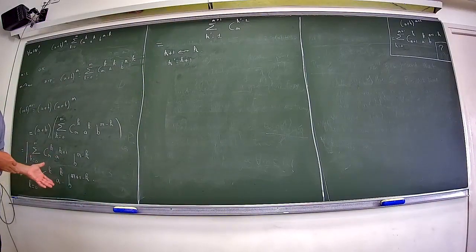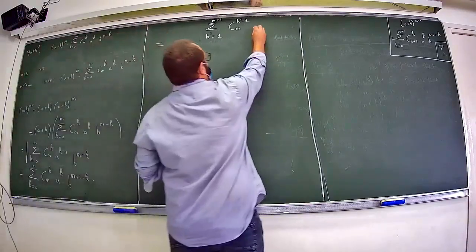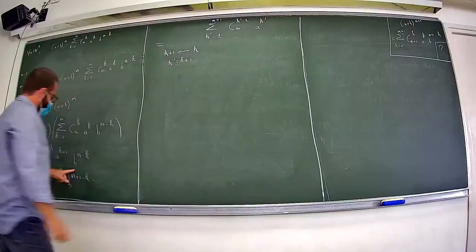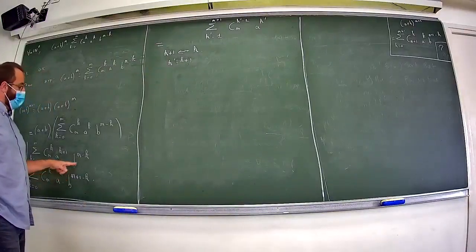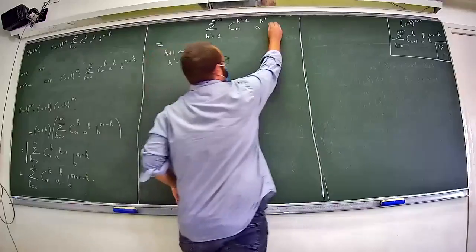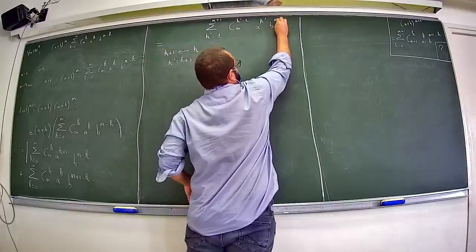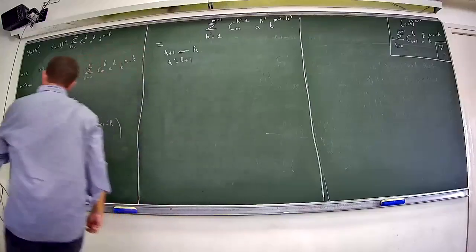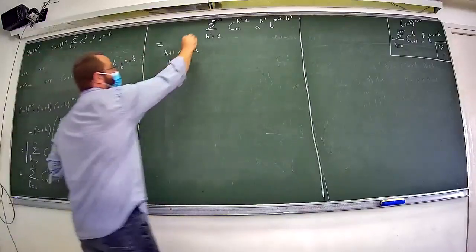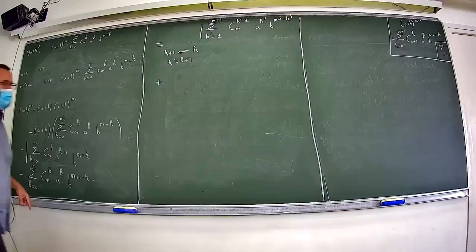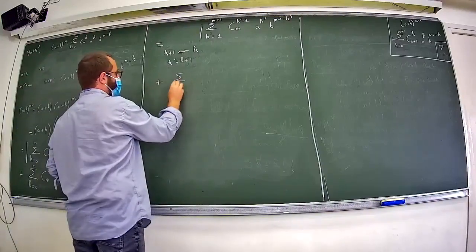It's exactly why I have done this job. And I have b to the power n minus k, k being equal to k prime minus 1, so I have b to the power n plus 1 minus k prime. So this is the first sum here. And I have to add the other one that I don't touch for the moment.